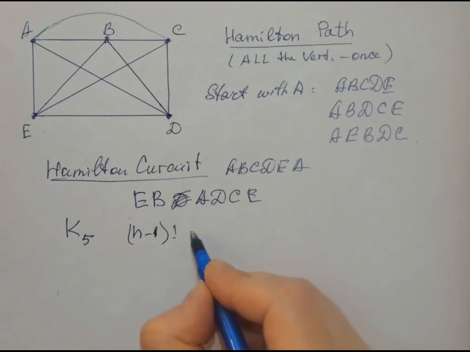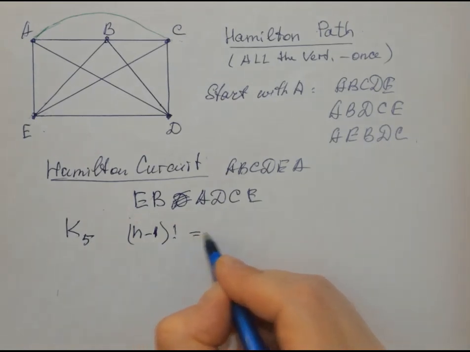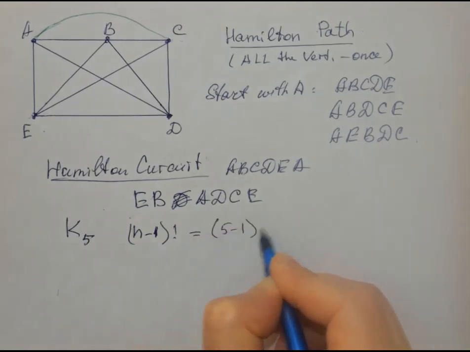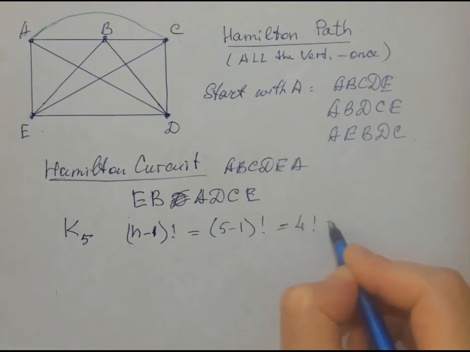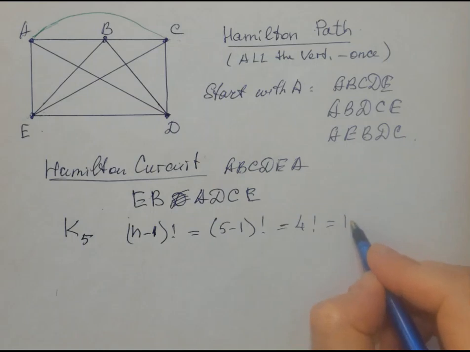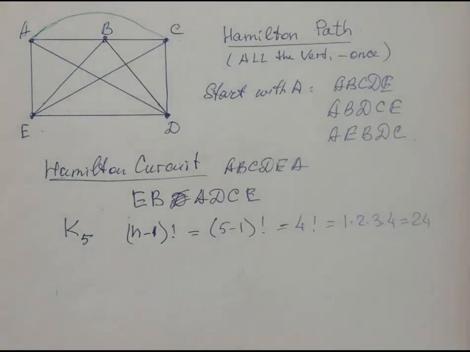So in this case, n equals 5, so we have 5 minus 1 factorial, or 4 factorial, or 1 times 2 times 3 times 4, 6 times 4, 24 different circuits.